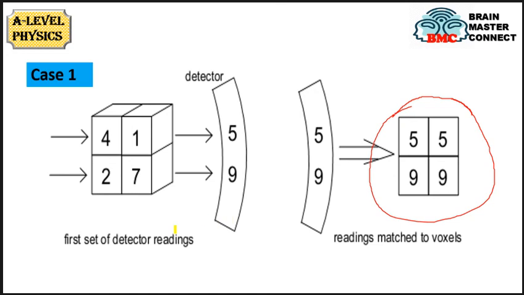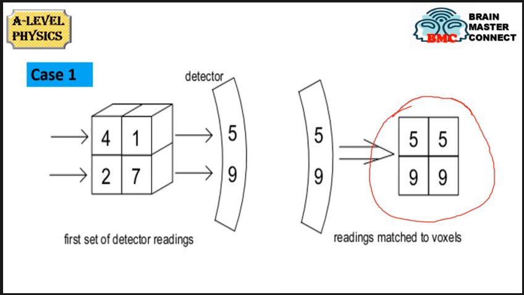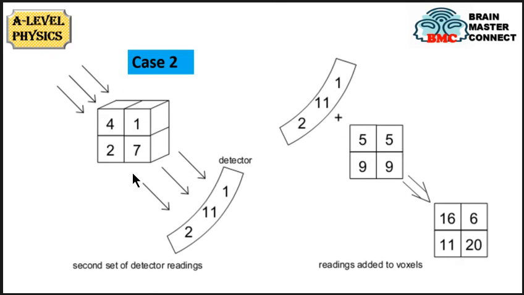Meanwhile, the detector reading here is referred to as the first set of detector reading. Now if we go ahead and change the direction by 45 degrees, we'll end up having something like this, in case 2. So now it has been changed from this direction to this direction.